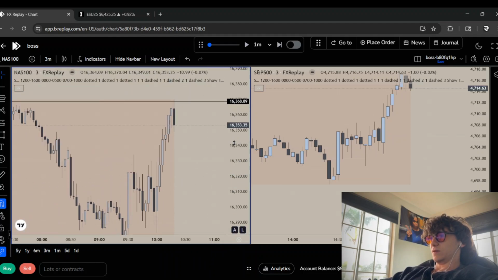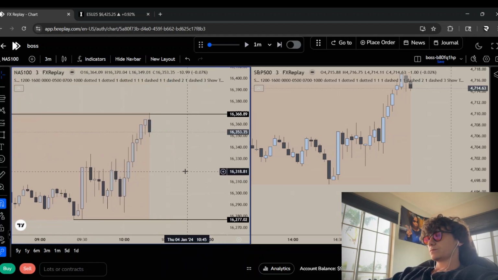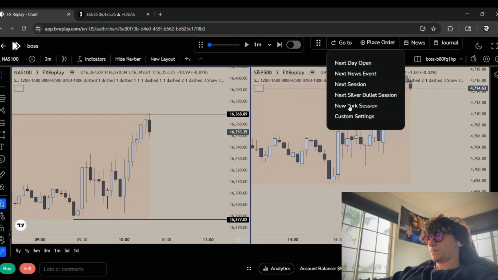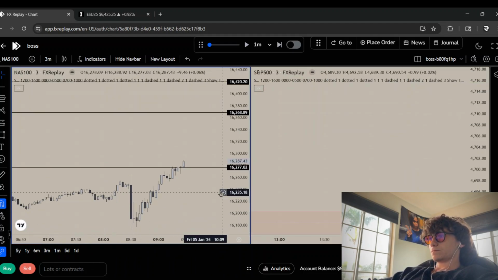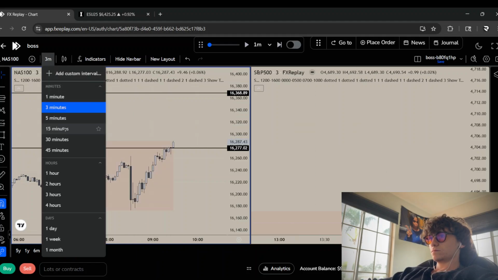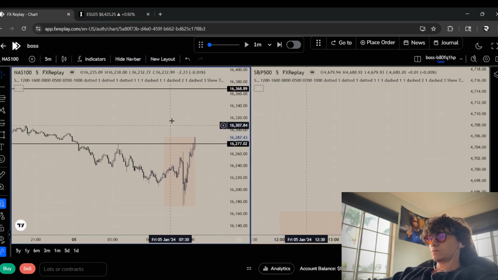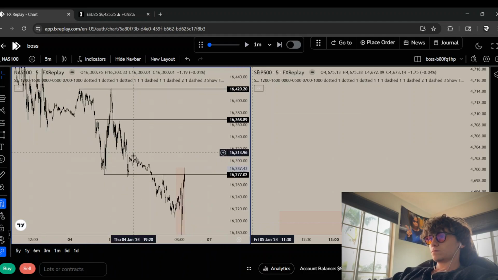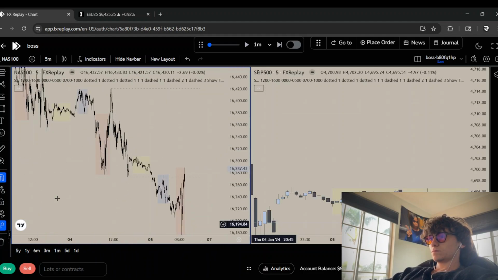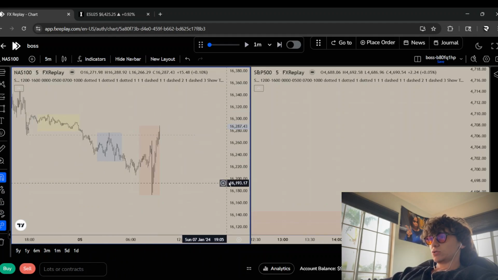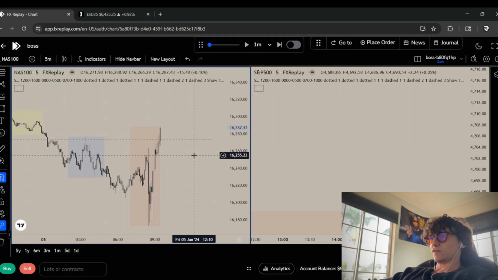Unless you put it at the bottom of the liquidity pool. Alright. Trash all that.